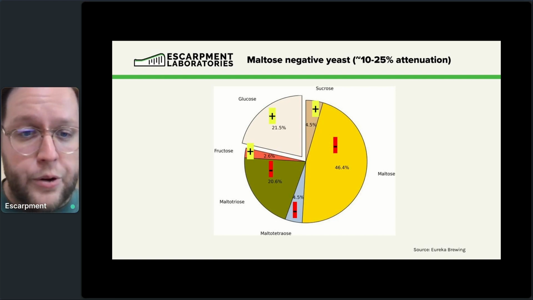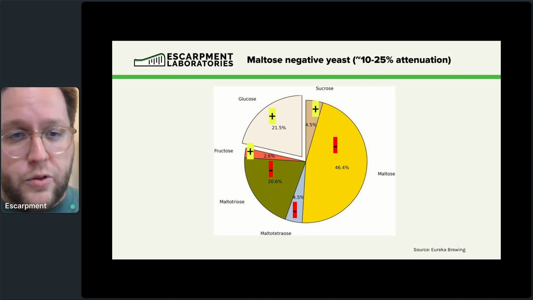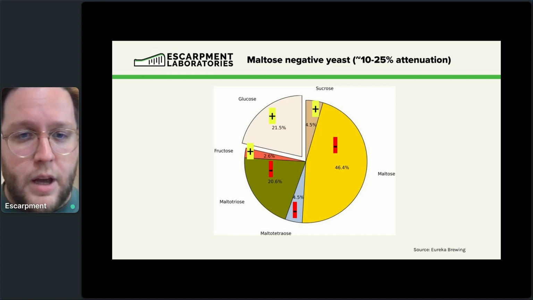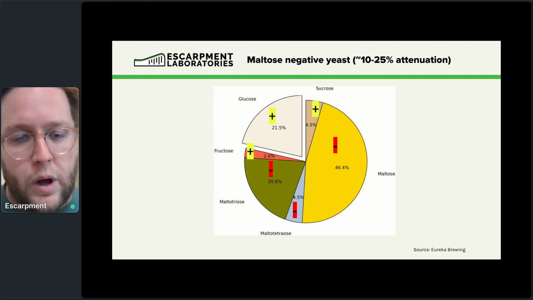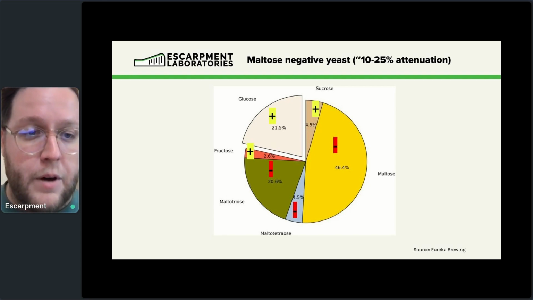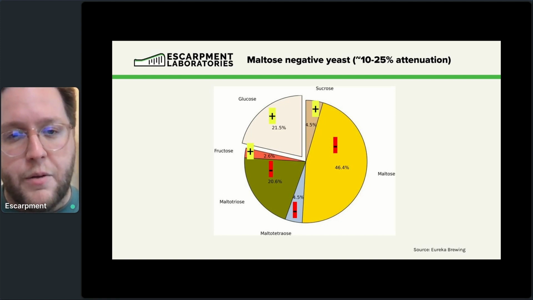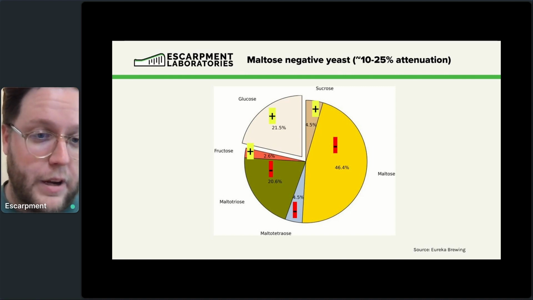Sucrose itself is just a glucose stuck to a fructose. Most yeasts have an enzyme called invertase that splits up that sucrose into glucose and fructose anyway. So most yeasts found in fermentation are pretty good at fermenting these two sugars, whereas maltose and maltotriose consumption is more specialized.